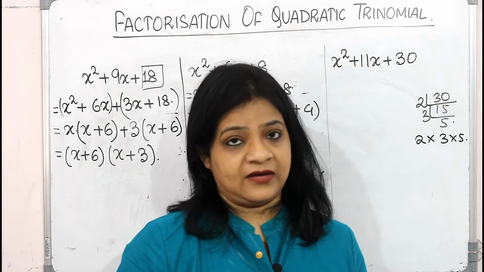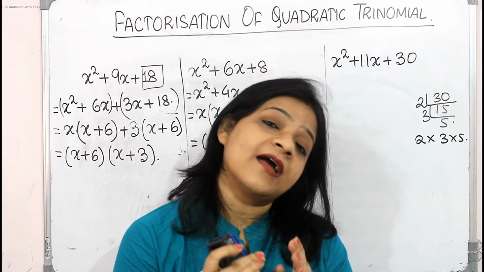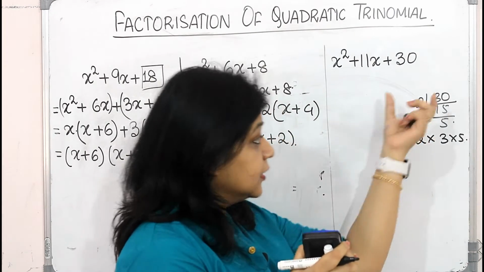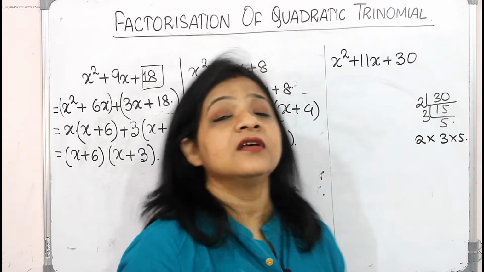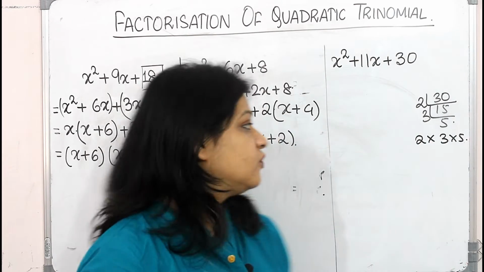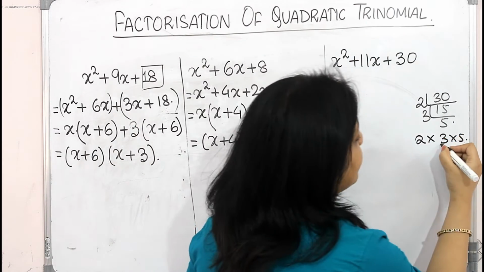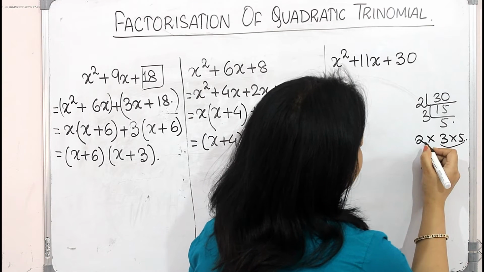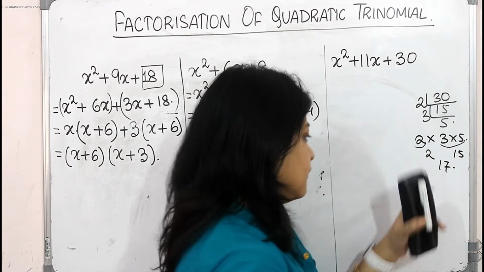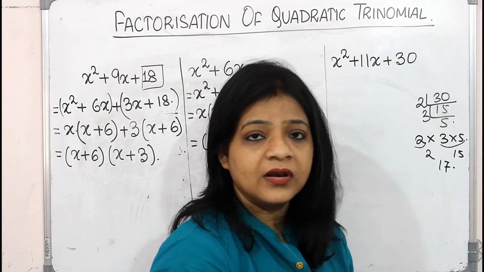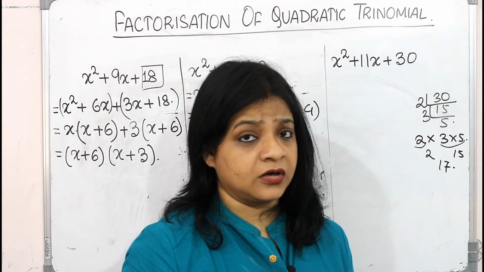Middle term is 11x. So you are to choose the factors of 30 in such a way that the factors give you the sum as 11. So see the combination. If I do 5 into 3 plus 2, 15 plus 2, it will give us 17. So 17 is not equal to 11. So this combination is not true.